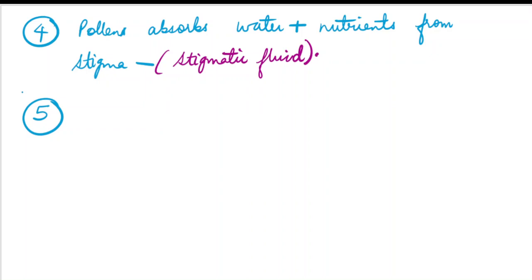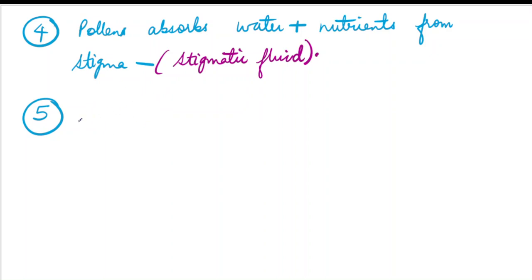And not exactly a burst like that, but because of that absorption, the pollen tube will come out. There will be a germination of the pollen tube. Now who is producing this pollen tube? So the pollen tube germinates. Here we cannot say bursting.